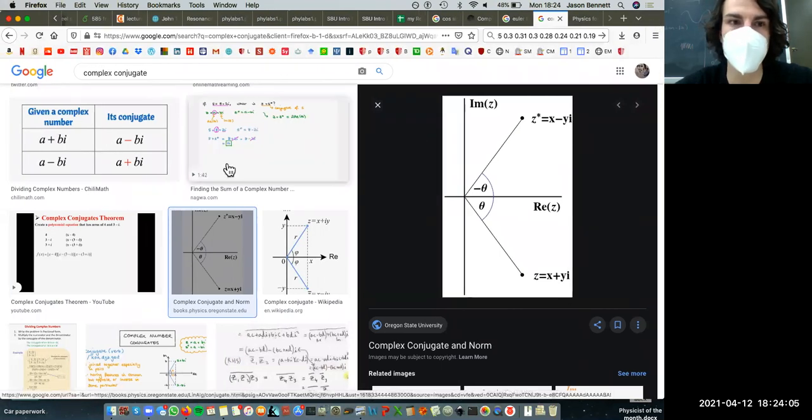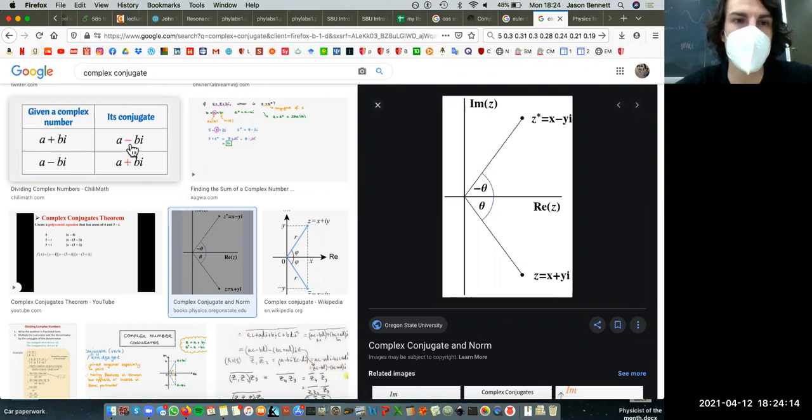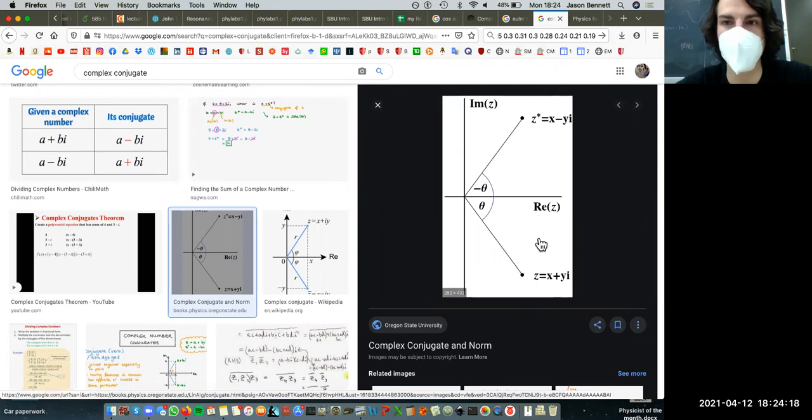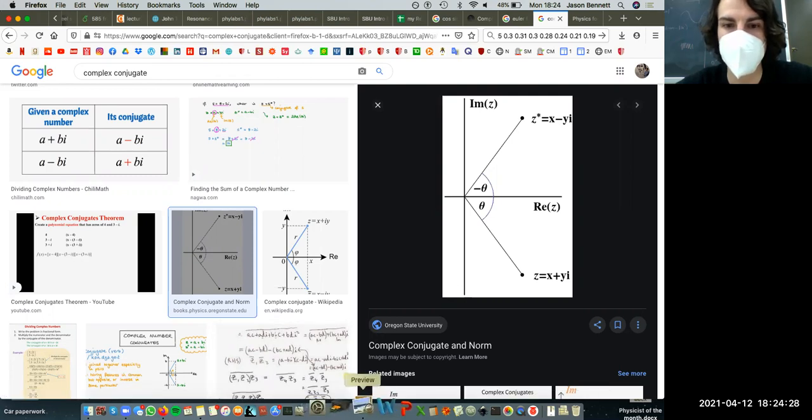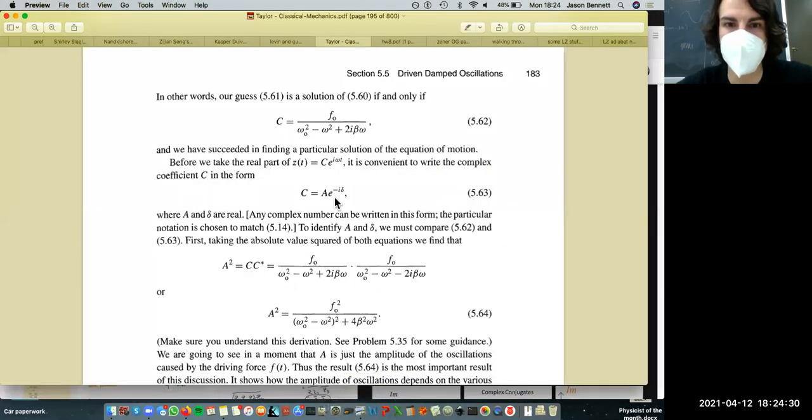So for instance, if a given number was a plus ib, you would just switch the sign to a minus ib. So it's kind of mirrored across the real axis in the complex plane. So this quantity here, its complex conjugate denoted by this star, is just flipping the sign of the imaginary part. So imagine that if we do that to this equation, that's one way that we can get A in terms of C.